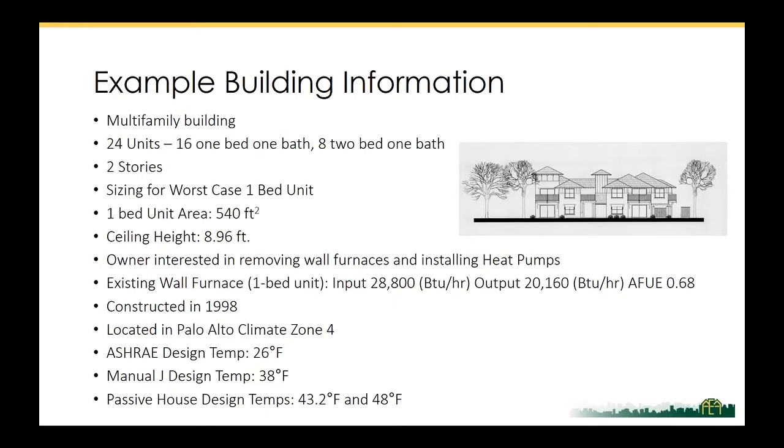This is because no matter where, for Energy Pro 7, you put in climate zone 4, it's going to find the design temp for climate zone 4. So that's an issue off the bat. I mean, it's never going to be 26 degrees in Palo Alto. Manual J design temp is 38. Passive House design temps, there's 2 of them, 43.2 and 48. We'll go over why there's 2 of them later in this presentation.